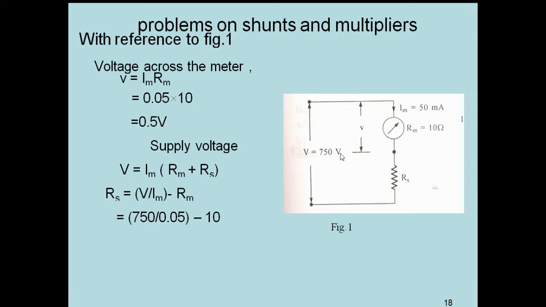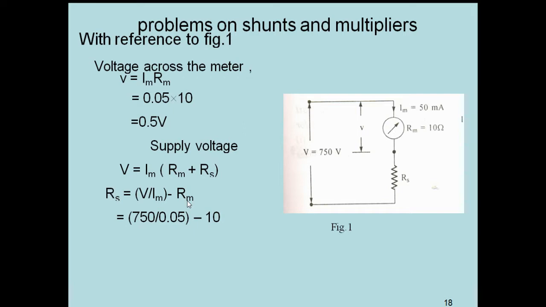To extend the range up to 750 volts, they are connecting a resistance in series with the meter resistance. To find the series resistance, the formula is RSE equal to V by Im minus Rm, where V is the increased voltage, Im is the meter current, Rm is the meter resistance.